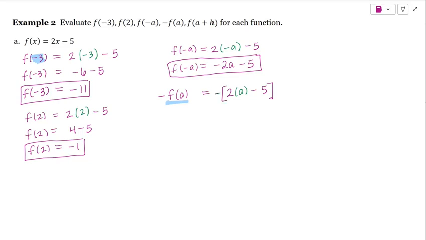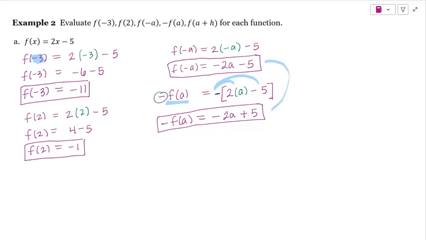So negative f of a is negative 2a plus 5. The negative sign is going to distribute to both items in the brackets there. So notice that negative f of a and f of -a are not equal to one another. Sometimes they are, but a lot of the times they're not.